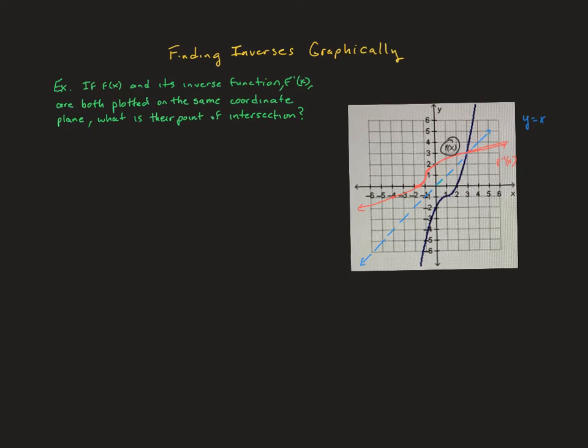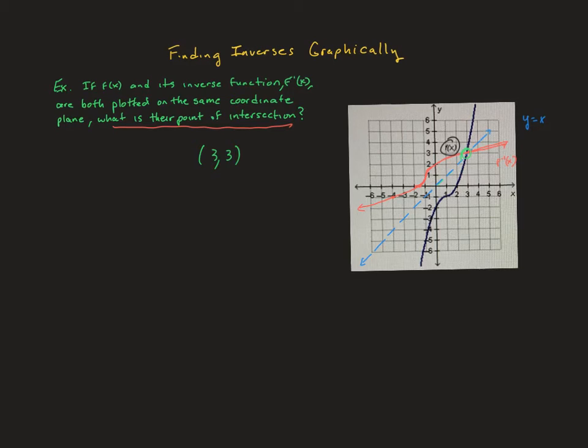And if f of x and its inverse function are graphed on the same coordinate plane, what is their point of intersection? It looks like their point of intersection is right there, and that point is 3, 3. That's their point of intersection.